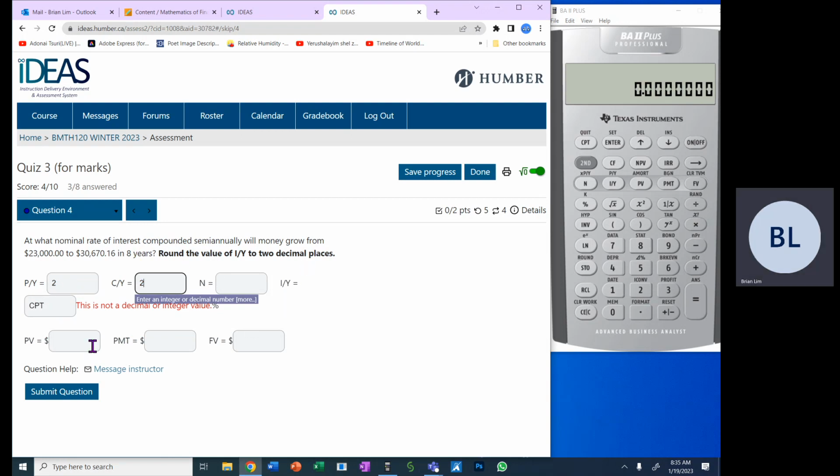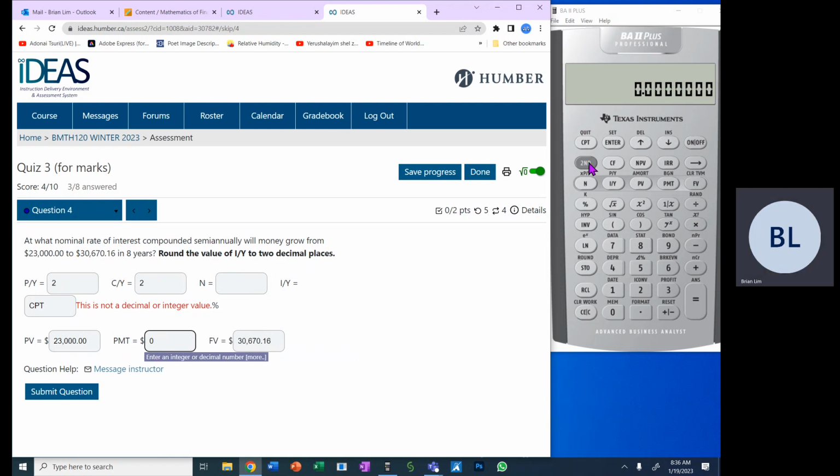All right, now the present value is this 23,000 right here. We can copy and paste it into there. And the future value is this amount up there, which we can paste in there to avoid any errors. And 0 is the payment, it's compound interest.